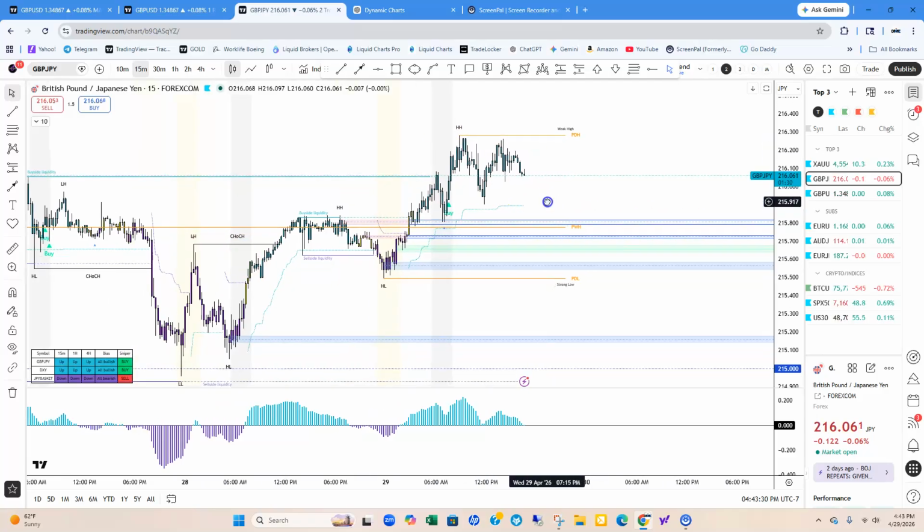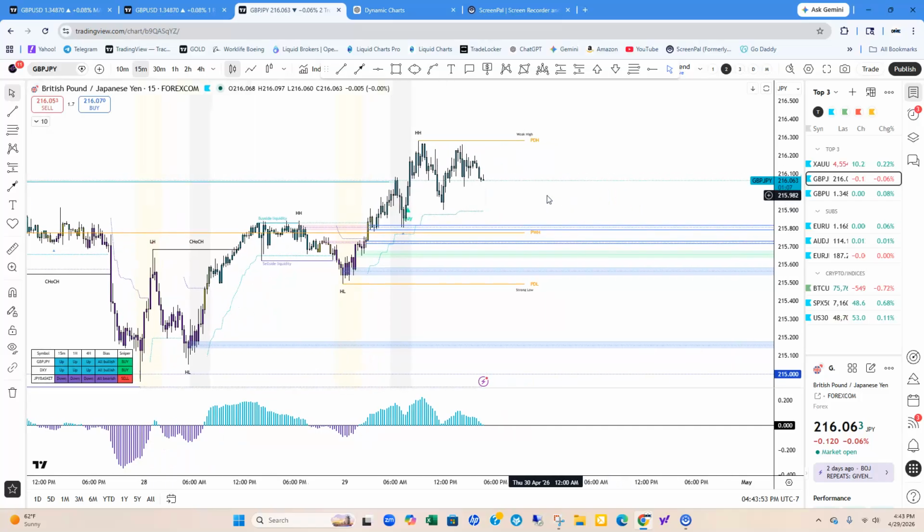Right now we're on the 15-minute. I think it's mainly for lower time frames, like 5-minute, 10-minute, 15-minute. I think the video I saw on it was actually using the 5-minute time frame, but it works on the 10 or the 15-minute as well. So we're going to use the 15-minute.